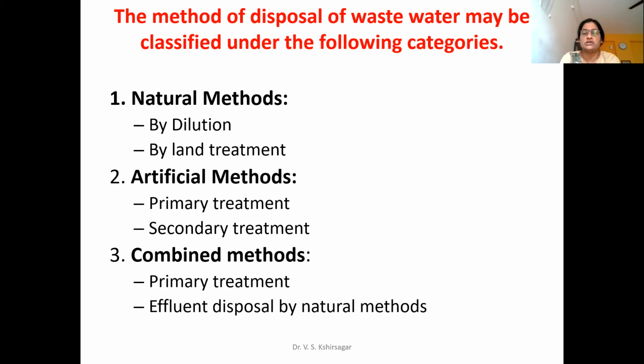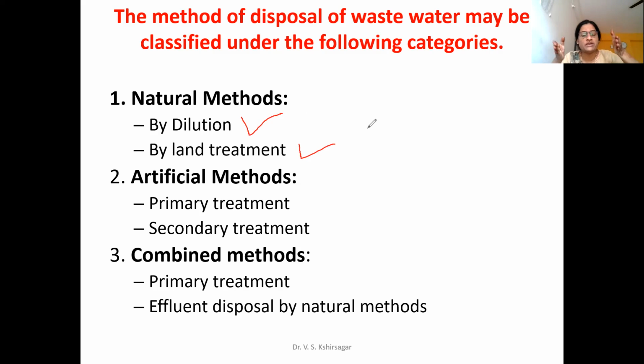The first category is the natural method. In that natural method, there are two ways. One is the dilution method, and another one is the land treatment method. Natural method means, after the treatment or before the treatment, whatever is possible, you can simply mix the wastewater into the river water body.